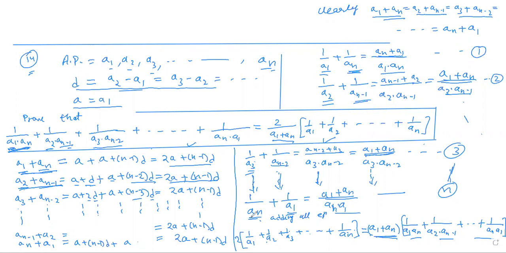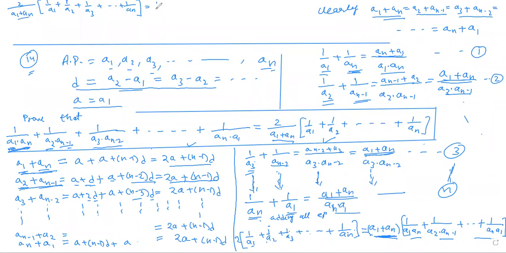So 2 is already there, so we can write 2 upon a1 plus an into, inside the bracket, 1 by a1 plus 1 by a2 plus 1 by a3 and so on up to 1 by an equals, on the right hand side, a1 plus an we have already transferred to the left hand side.